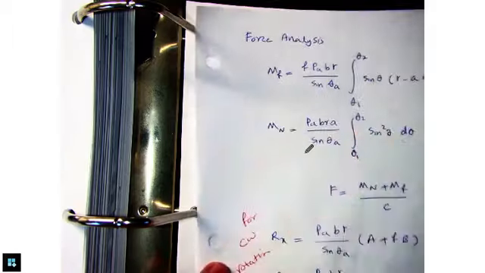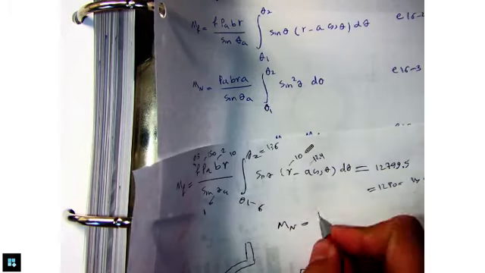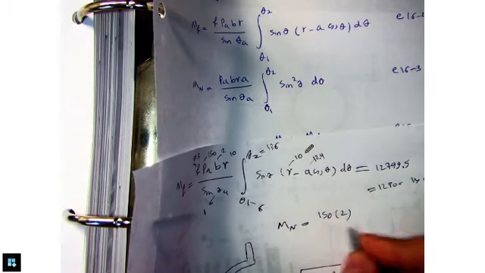Next, I need to find MN. Let's write that formula here also. Let me bring it over again. I'm talking about this formula. All right, so MN is going to be, I'm going to plug numbers here. PA is 150, BA is 2, right?